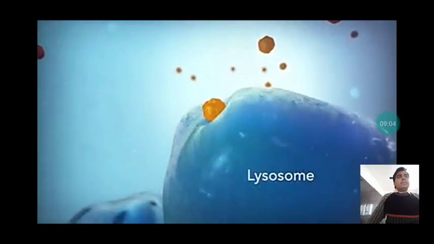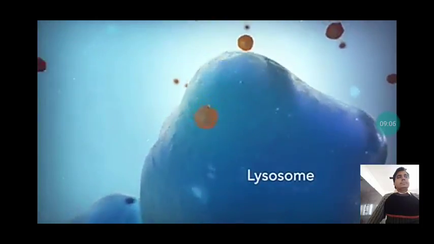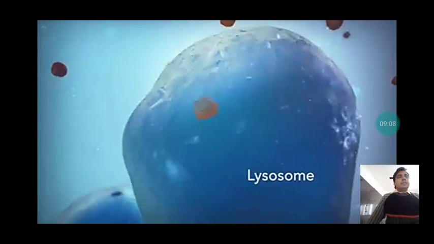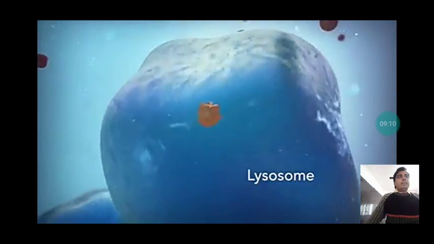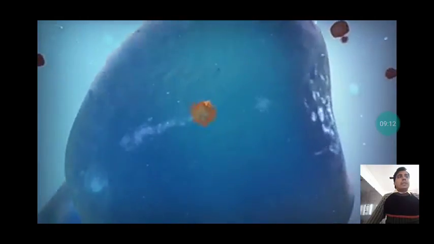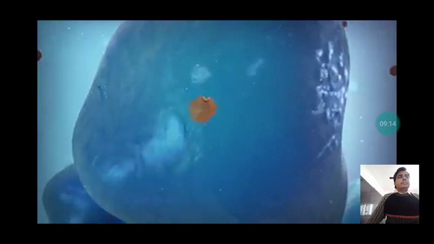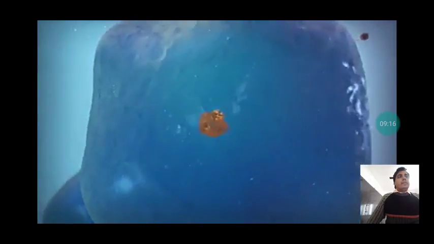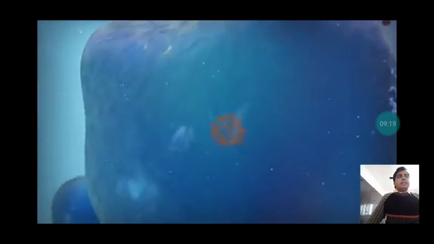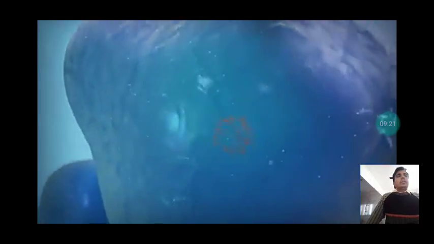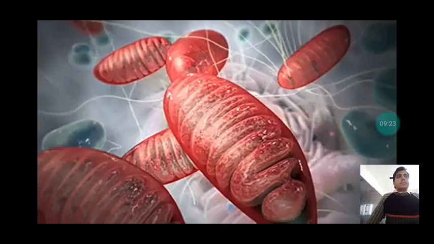Lysosomes are the garbage collectors that take in damaged and worn out cell parts. They are filled with enzymes that break down this cellular debris.